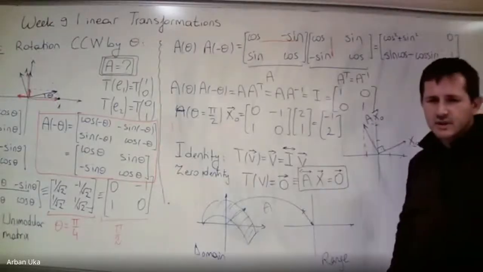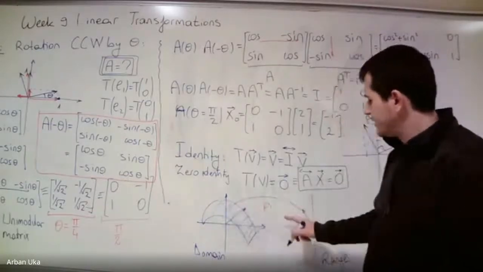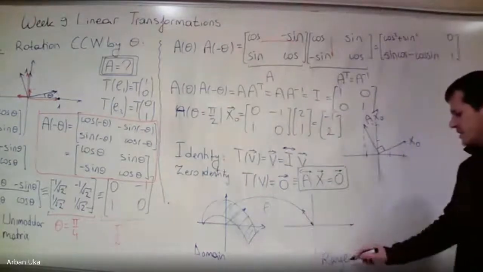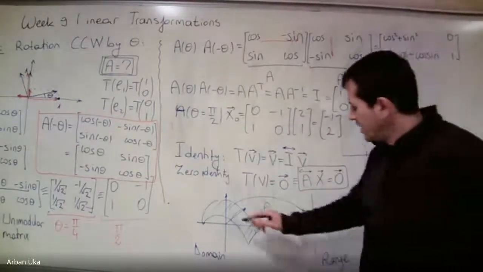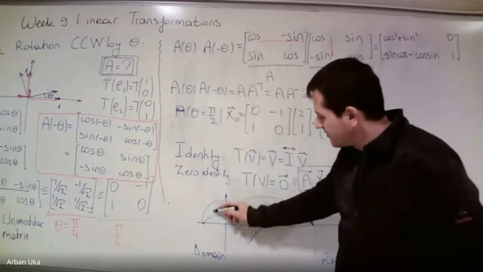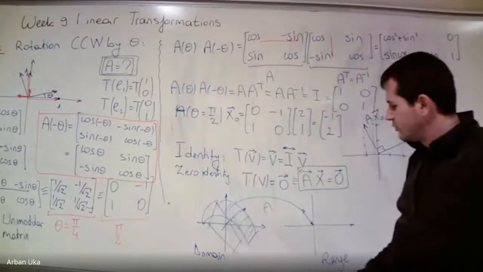It doesn't go through 0. That's correct. It doesn't go through 0 because the null space should include the 0, right? So the null space we find here, but the range of the matrix is here. So this cannot be the null space of A, in fact, but it should pass through 0 somehow.